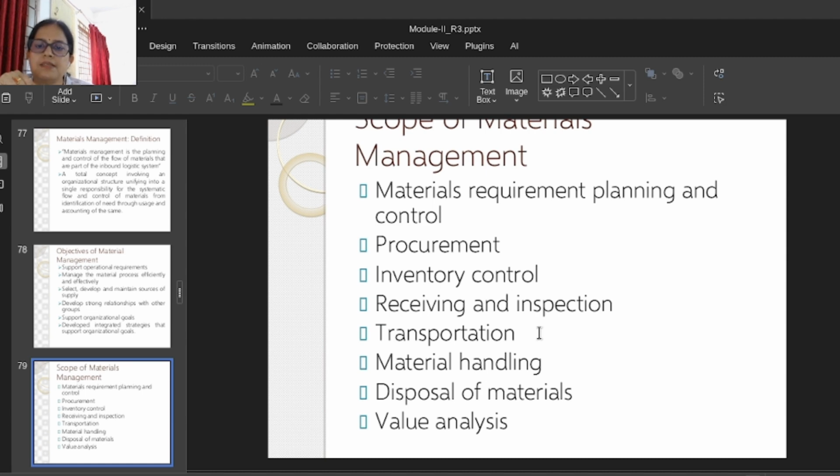Value analysis we need to do to track the management of the material and also in the production system so that we can minimize the manufacturing cost.